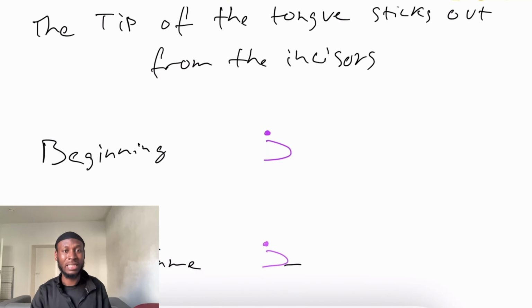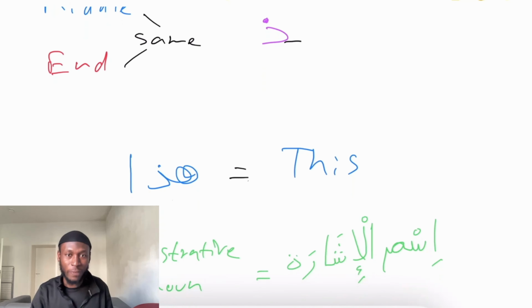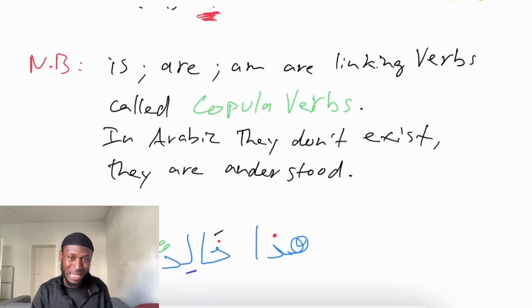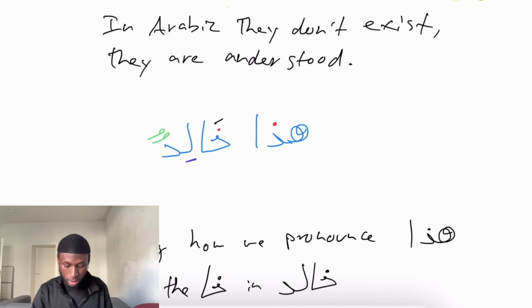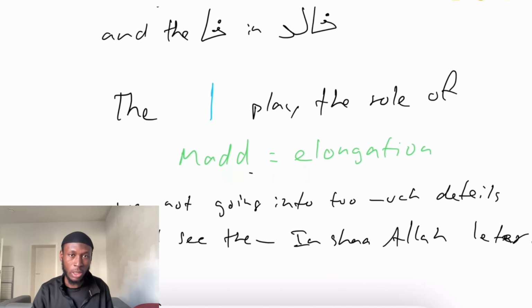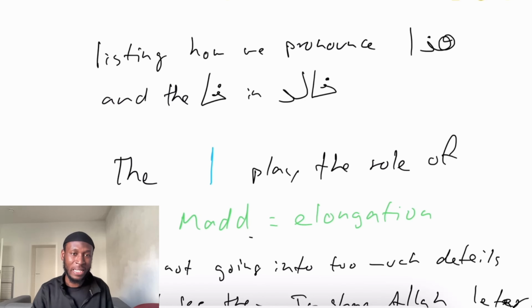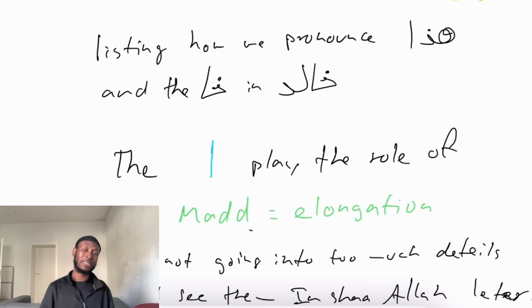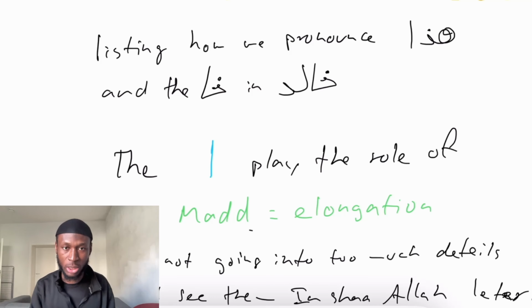This is the natural mud of alif. This is when alif plays the role of mud. So whenever we have a letter that has fatha on top of it, and after it doesn't have any sukun or hamza, then alif comes and plays the role of the mud.